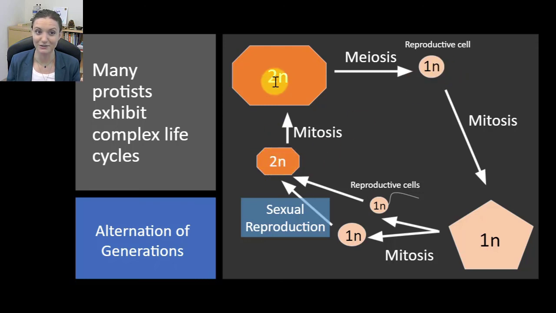And this diploid stage goes through mitosis, meiosis, mitosis, mitosis, and back through again. I know there's a lot of terminology here, terms that you may not have heard in a while or at all, and that's okay. We'll be seeing this theme again as we talk about especially the life cycle of plants and fungi.